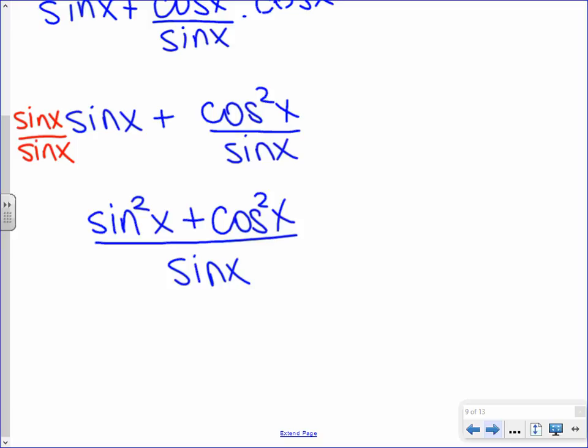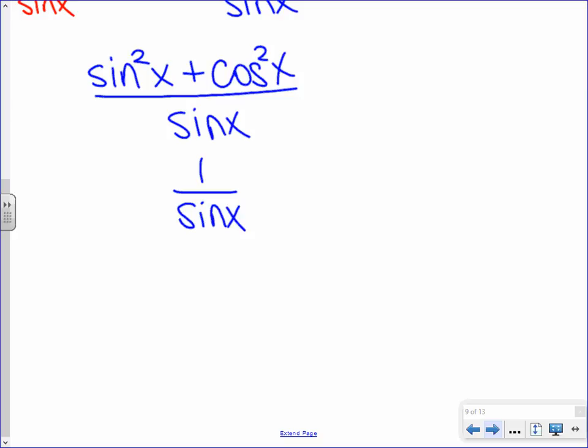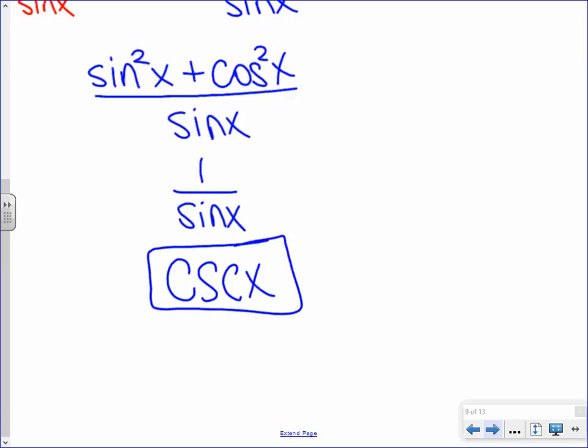That is something that by the time you come back on Monday needs to be like an aha moment. When you see sine squared plus cosine squared, it is 1. Yes, and then 1 over sine, we can write even better, cosecant of x. Look how we took something very complicated and we whittled it down to just cosecant of x.